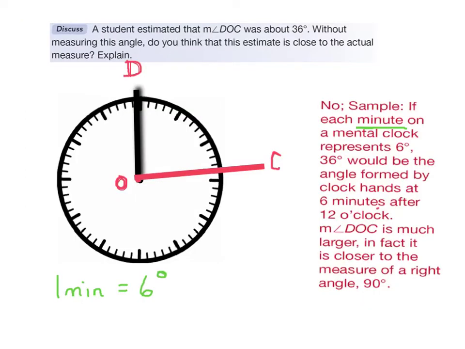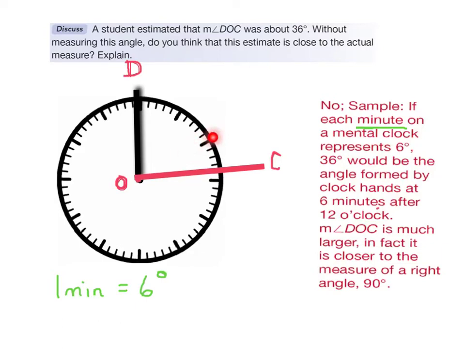Now, if we look at estimating using a clock face, if we just draw an angle on there, we can pretty quickly come up with an idea of what we think it is. If we remember that 1 minute is 6 degrees, we have 5 minutes here, so that's 30.